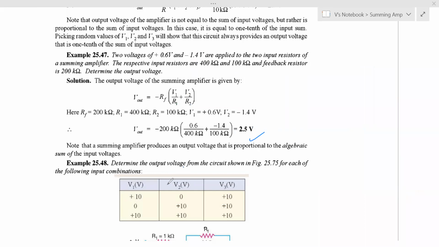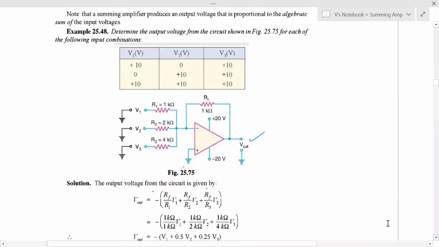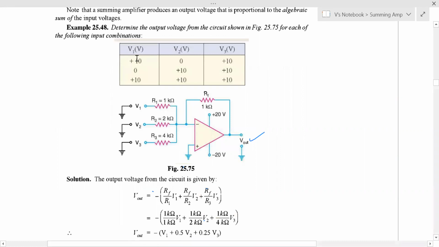Next is determine the output voltages from the circuit shown in the figure. So एक figure आपको दिया है, this is that figure. Now 3 sets of inputs are given. पहले सेट में +10 वोल्ट इज V1, 0 वोल्ट V2, +10 वोल्ट V3 है। Okay, so we have to change this for 3 different sets, V1, V2, V3.